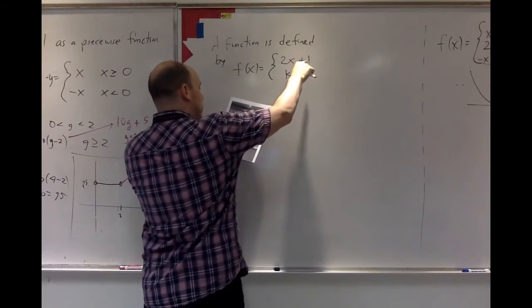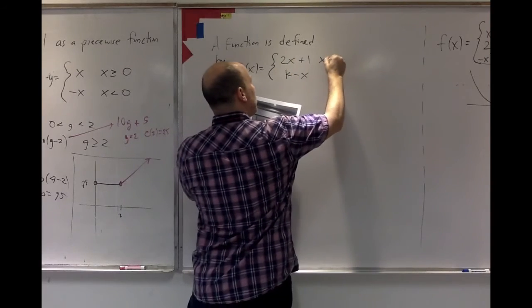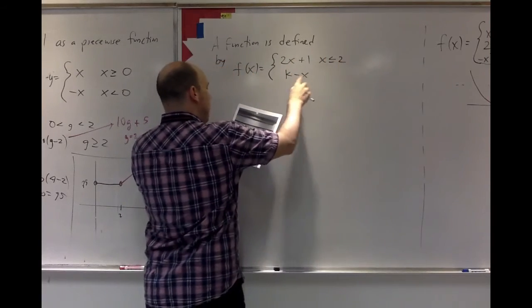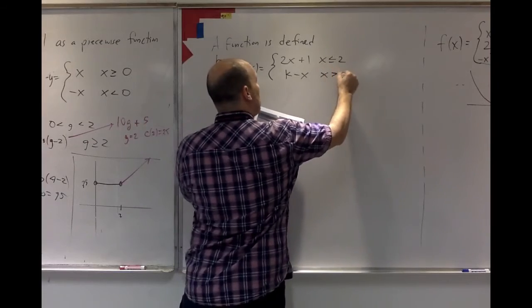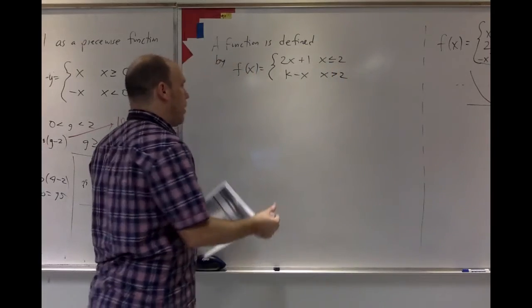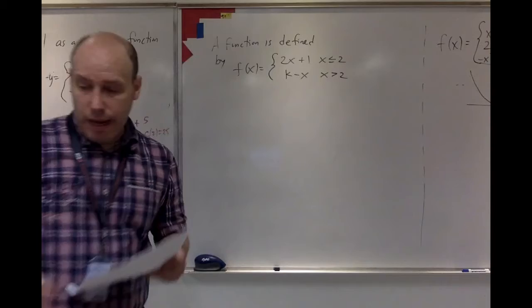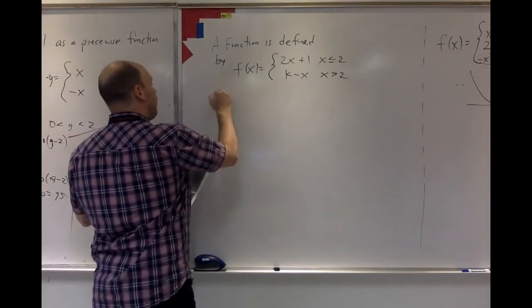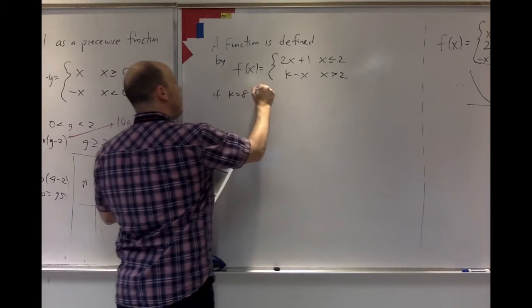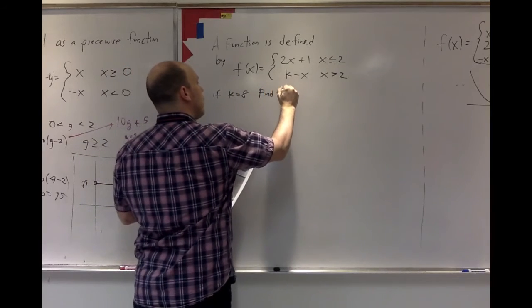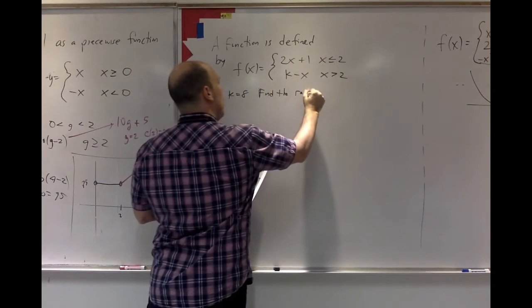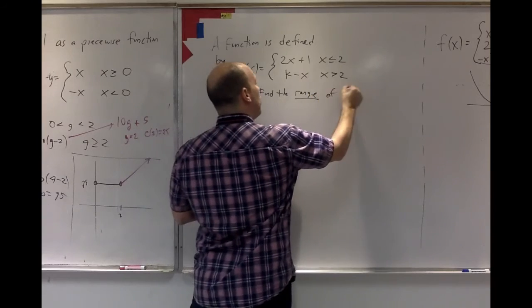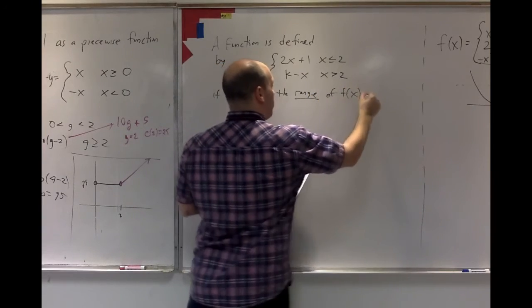And 2x plus 1 is for x less than or equal to 2, and k minus x is for x greater than 2. So the first question is, what are they asking us to do? If k equals 8, find the range of f of x.